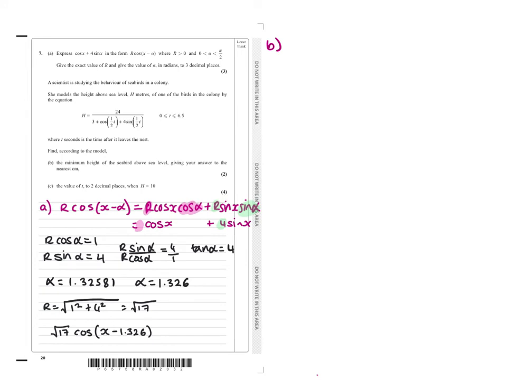So if I rewrite this equation now, our height equals 24 over 3 plus root 17 cos, and instead of x, it's a half t minus 1.326.